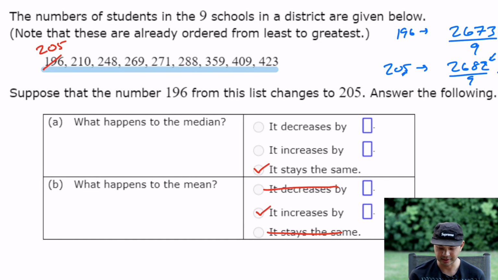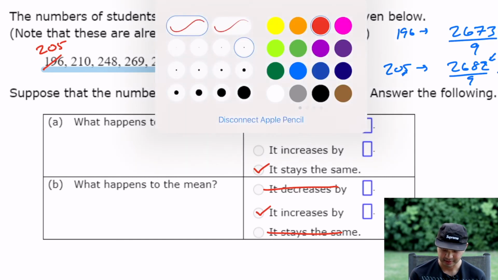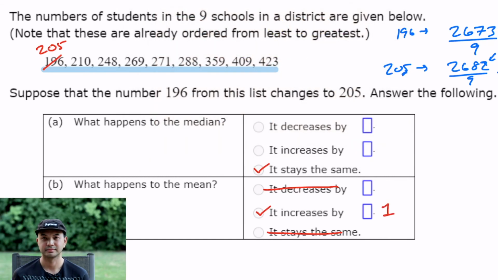So a lot of ways to do this, a lot of ways to take a shortcut. So in this case, it increases by 298. Whoops. See, I was not careful. The new mean is 298, but it actually increases by 1, not 298. So that's kind of a tricky one.